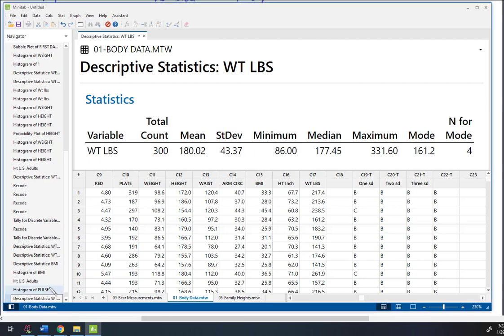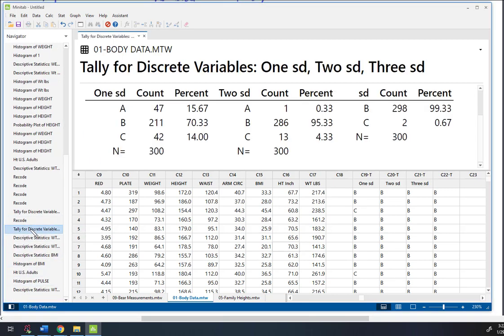And here is some computation I did before class just to speed this up. And this is 1 standard deviation. And so by hand, I calculated what the boundaries would be for 1 standard deviation above and below the mean.